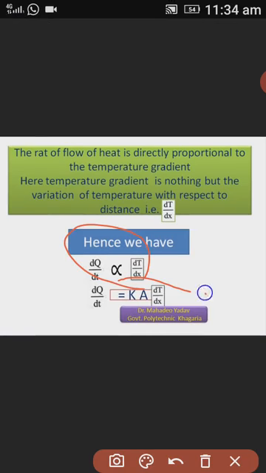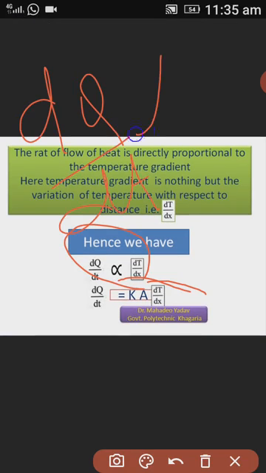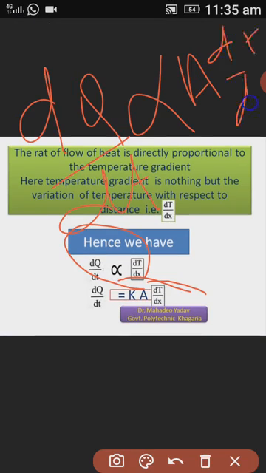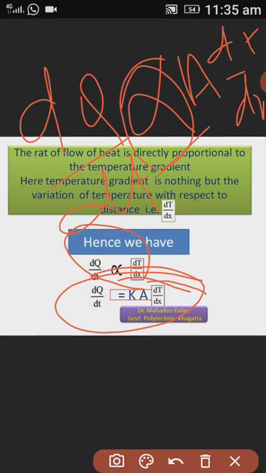On combining these two, we get dq by dt directly proportional to A and dt by dx, and after removing the proportionality we shall get dq equals kA dt by dx.